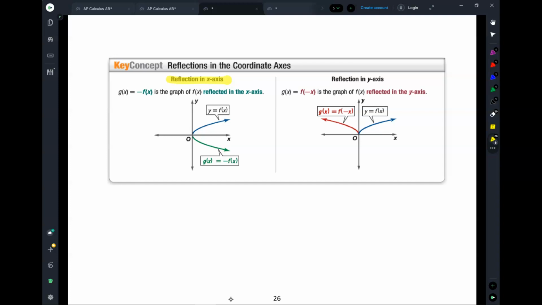The way in which you know that is there is a negative in front of the function. So if f of x stands for the y, when you put a negative in front of it, it basically switches the sign of all of the y values. So whatever is positive becomes negative and vice versa. So that's a reflection.